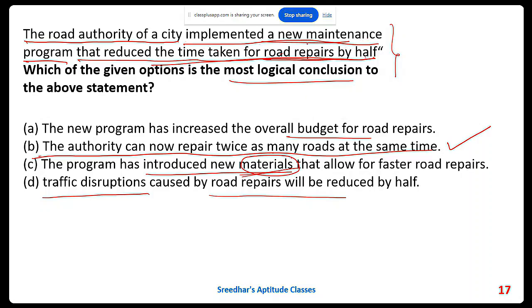It's all about they implemented a new maintenance program, and that maintenance program is reducing the time taken to repair the roads by half. So therefore, in the same time, you can repair twice as many roads. So only B is the conclusion. Is that clear? You agree? If any of you have questions, let me know. Otherwise, we'll move to the next one.